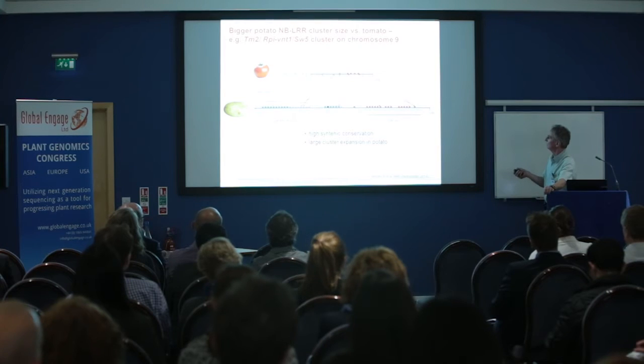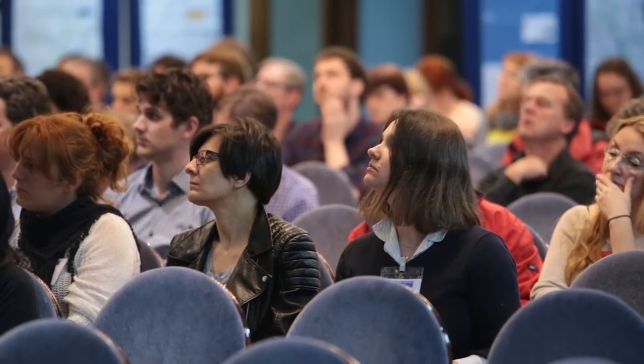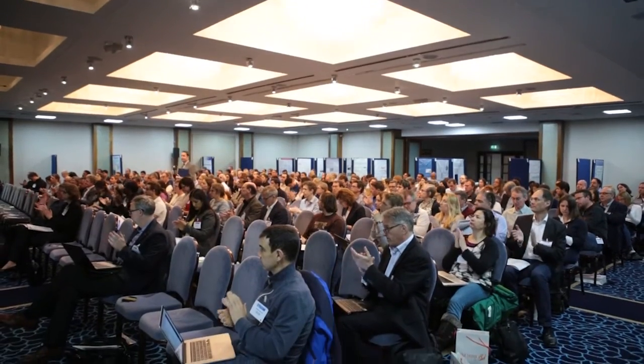So what we've done is a method that's based on sequence capture. It's complexity reduction sequencing, specifically focused on the intracellular receptors of plants, these so-called NB-LRR or NLR genes. And we've been looking at wild relatives of potato as a source of new genes for resistance to a very important disease of potato called potato late blight.